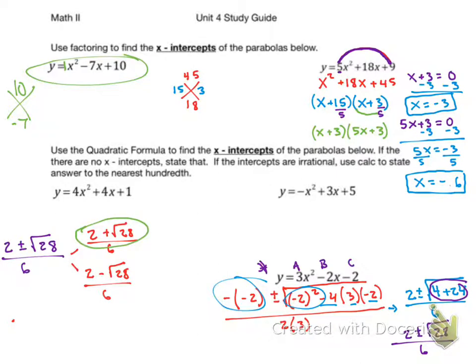Hit enter and then divide whatever number you get by 6. So I'm going to go ahead and put this in my calculator. And that's going to give me my first x-intercept of 1.215. So that's my first x-intercept here.